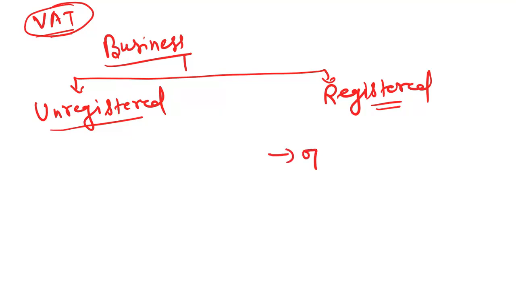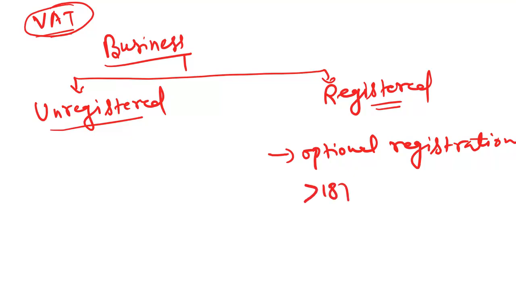One is what? Optional registration. Right? One is what? Optional registration, when the last 12 months or upcoming 30 days turnover is more than 187,500 dirham, okay, but less than what? 375,000.